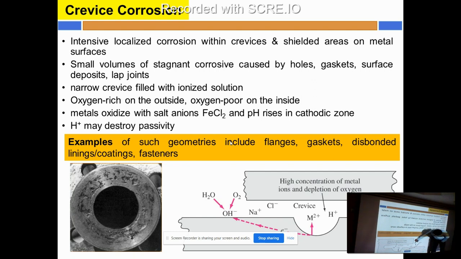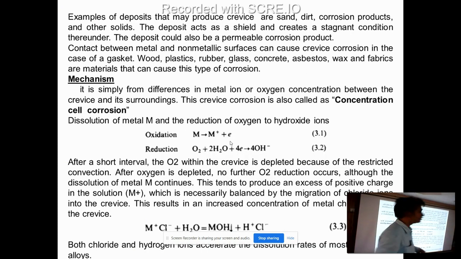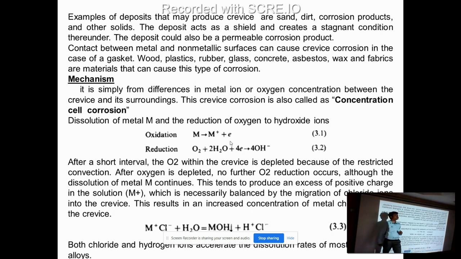So these oxygen and water molecules try to pull the electrons to form OH minus. We know the reduction reactions. Let me show you the reaction here. So oxygen and water will take the electrons to form OH minus. Fine. So there is a reduction reaction.